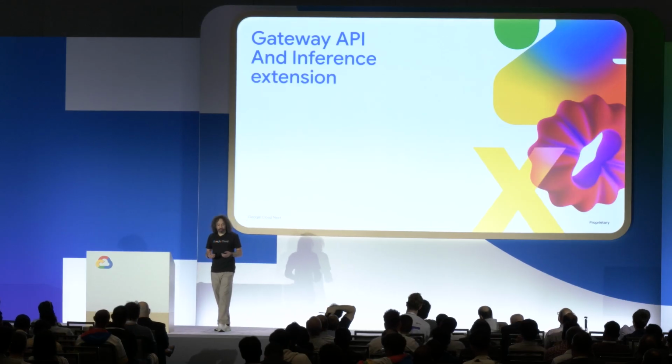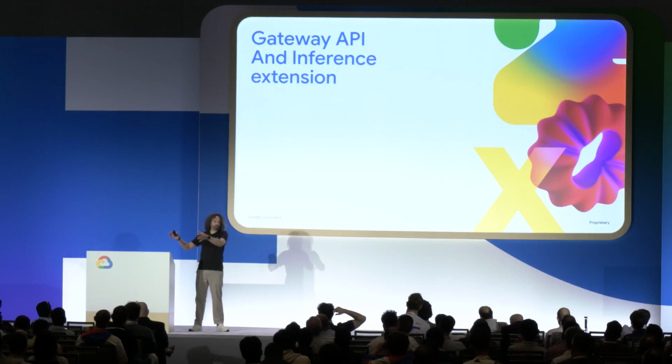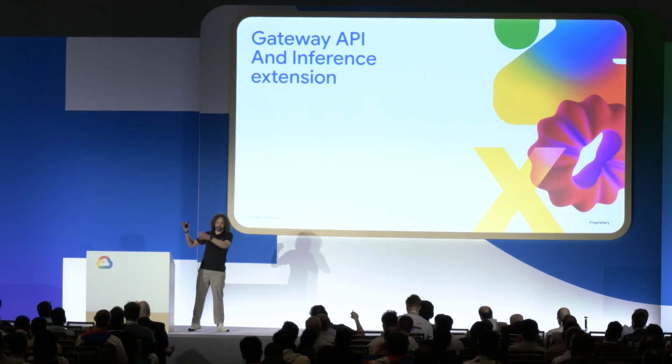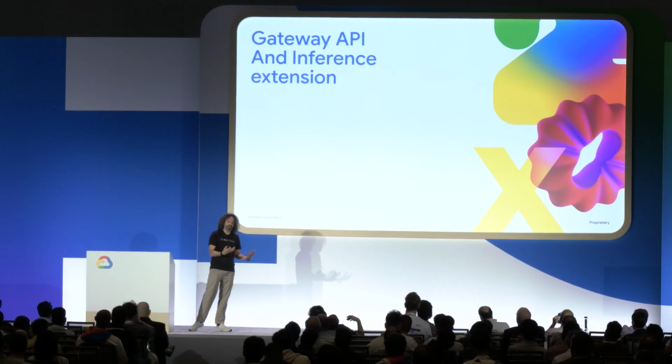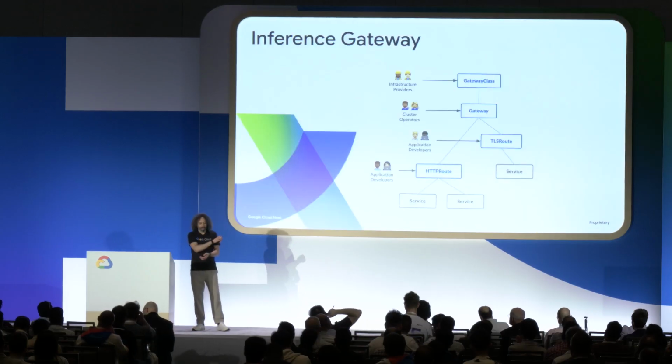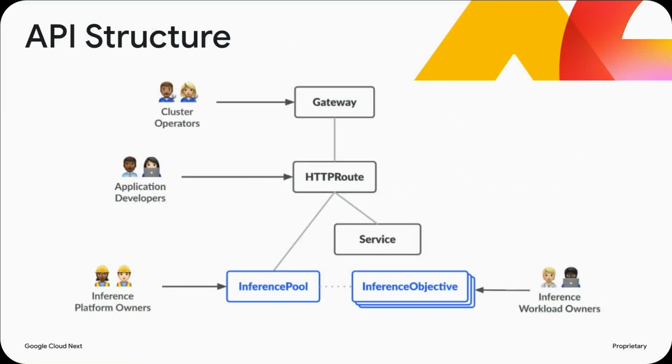The way we solve this is through something called the Gateway API Inference Extension. So you know what the Gateway API is. It's the next generation Ingress, which has existed for a while now. A couple of years ago, the community created something called the inference extension, which is an extension of the Gateway API to be able to do inference. And the way this works is that it introduces two new objects. One is called InferencePool, and one is called InferenceObjective.